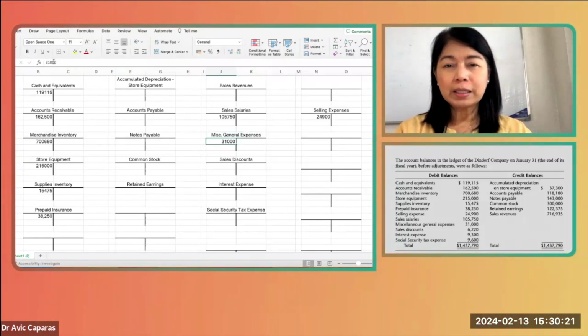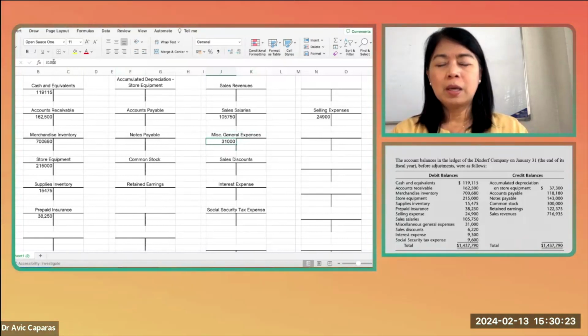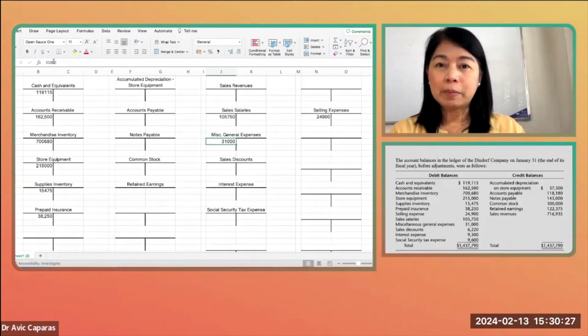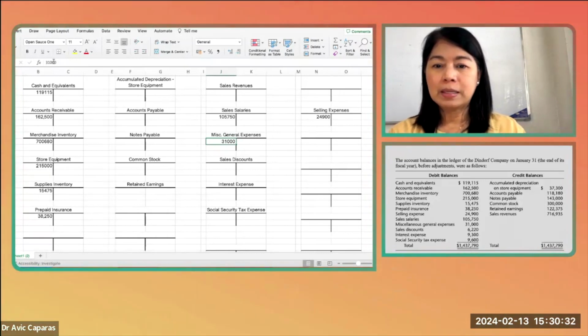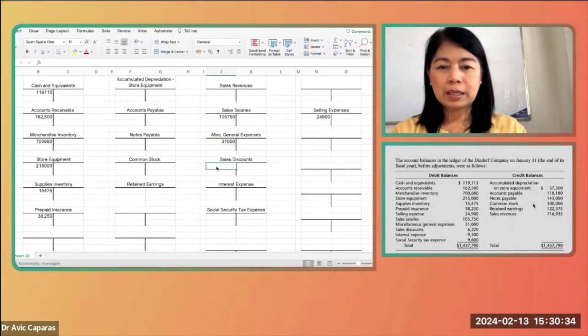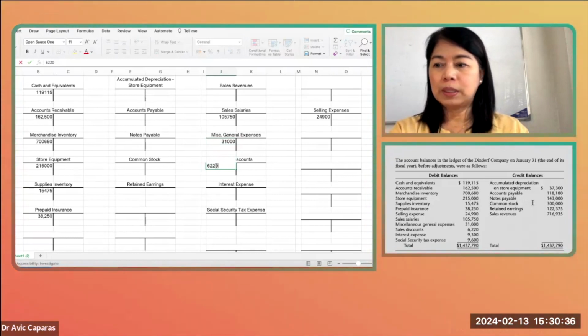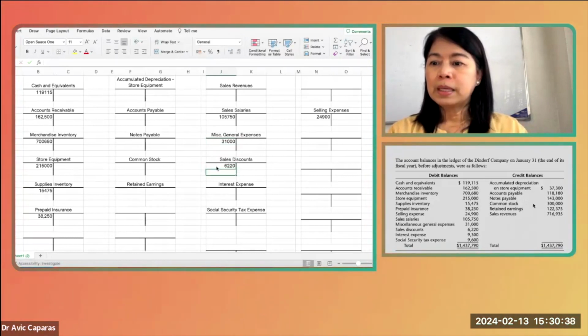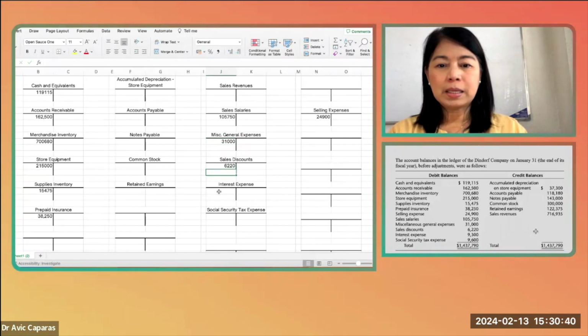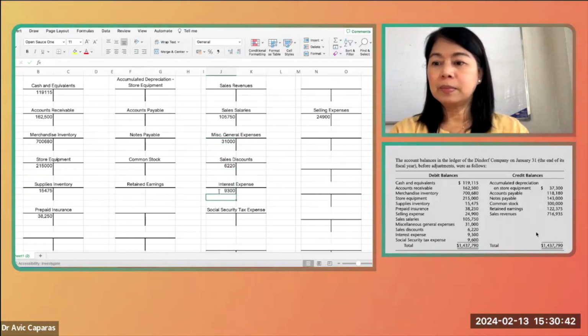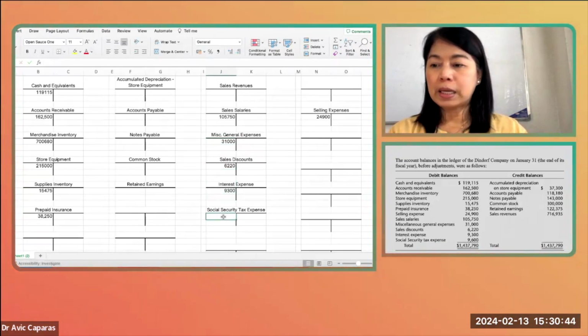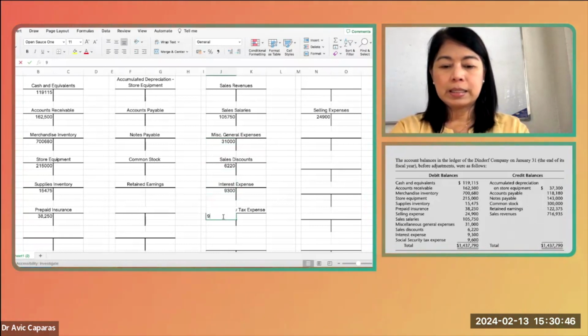If sales is credit, sales discounts would be debited. But if you think of it as a cost to the business, you will realize it is a debit balance, and we put the debit balance on the left side. So that's 6,220. And then interest expense is 9,300. Social security tax expense, 9,600.